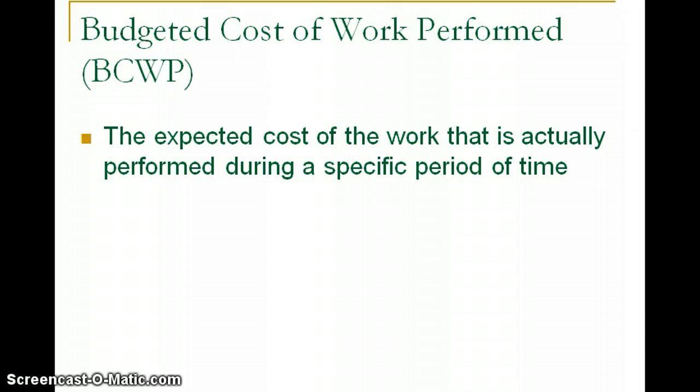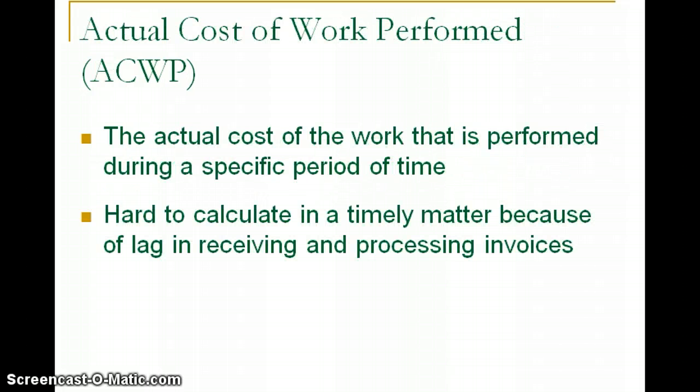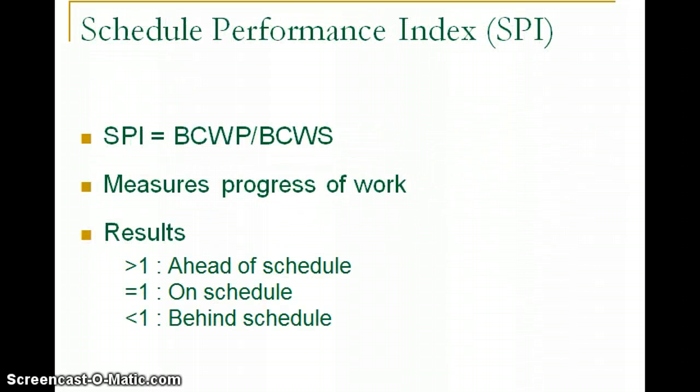Essentially, that is the actual cost versus the scheduled cost. Here's the one performance index. Again, that relates to the time frame of the project. When the SPI is equal to 1, the project was on schedule. If it's greater than 1, it was ahead of schedule, and if it's less than 1, it was behind the schedule.